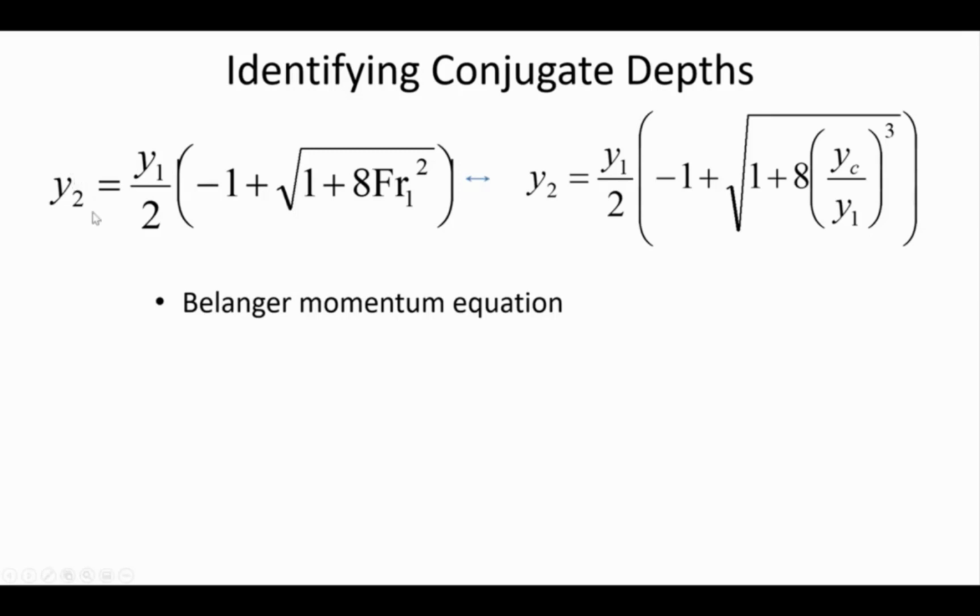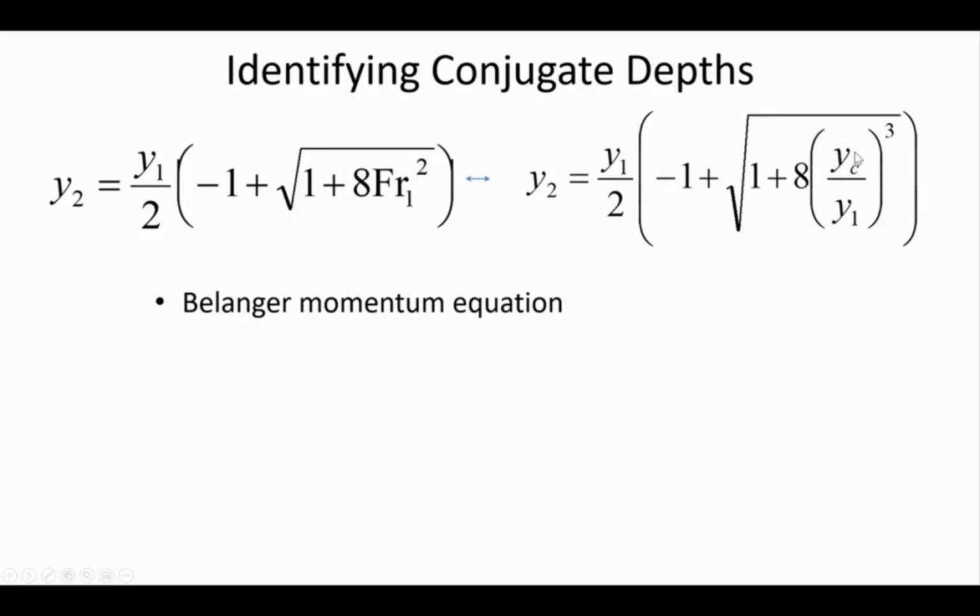So the depth after the jump is the upstream depth divided by 2, and then what's inside of this momentum equation takes into account a measure of how supercritical the conditions were at 1. One way of doing it is with the Froude number, as you can see. The Froude number characterizes how supercritical it is upstream. Or the other is by the ratio of depths.